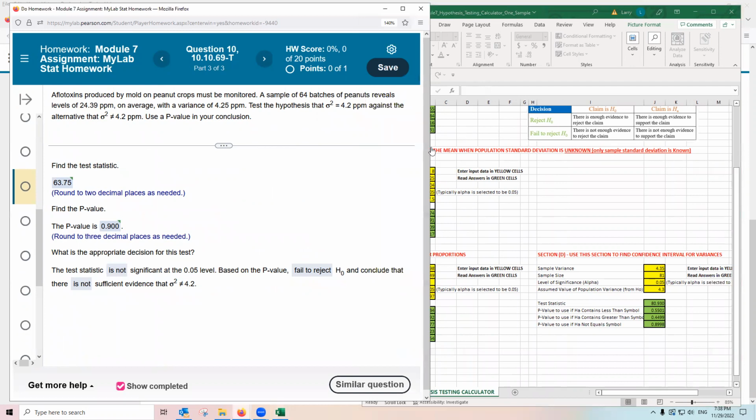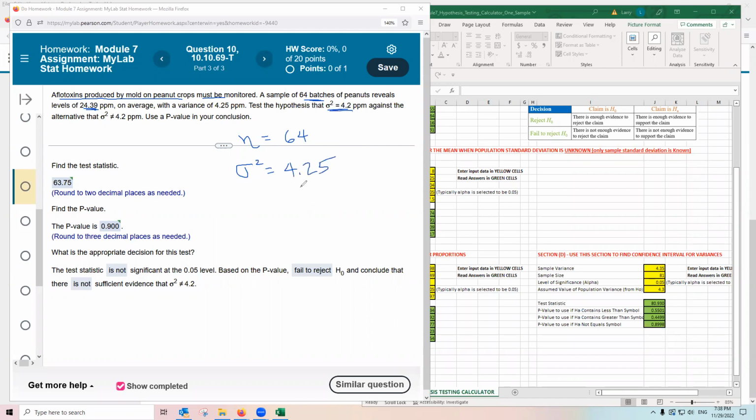All right, it says aflatoxins produced by mold on peanut crops must be monitored. We took a sample of 64 batches, that's the sample size, and it came up with 24.39 ppm with a variance of 4.25 ppm.